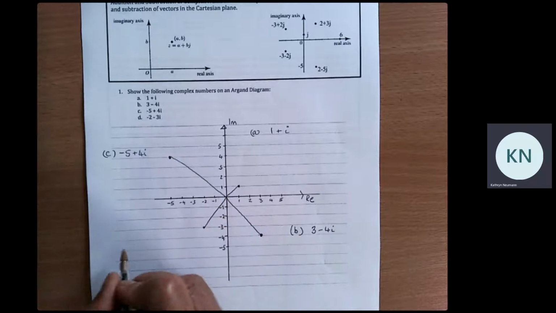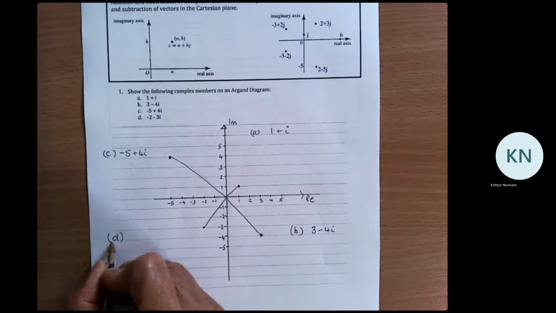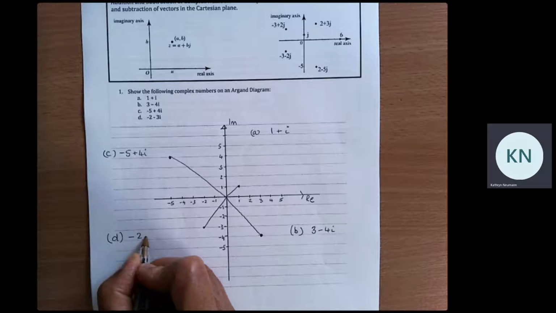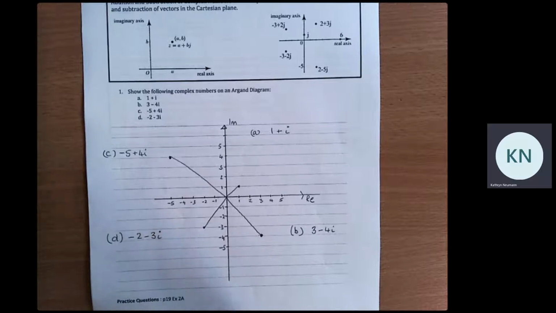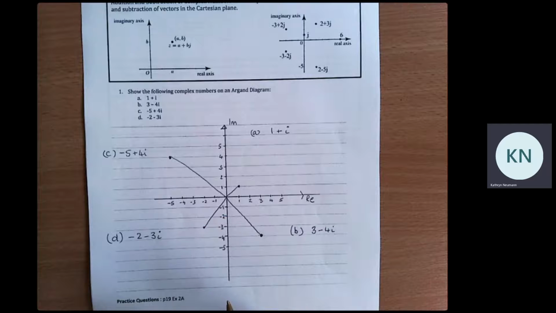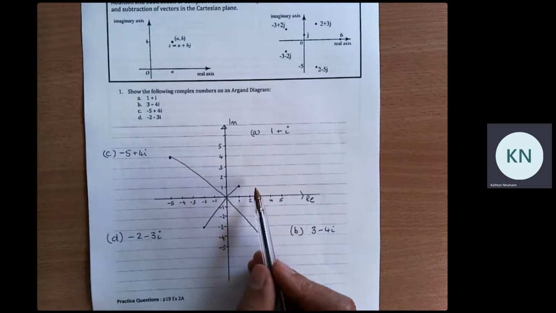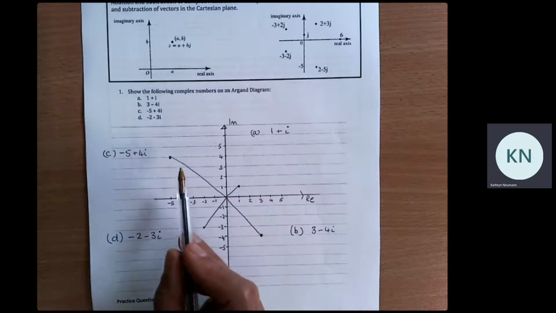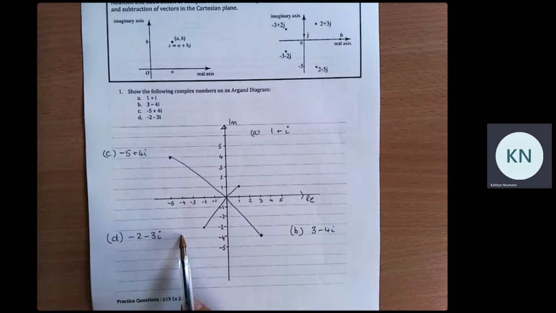So there's the point D, which is minus 2 minus 3i. So plotting complex numbers on an Argand diagram is very straightforward. Make sure your diagram is neat and preferably drawn with a ruler. That will help you a great deal. You can see here that we've got one complex number in each of the 4 quadrants. So this is the first quadrant, remember, second quadrant, third quadrant, fourth quadrant.